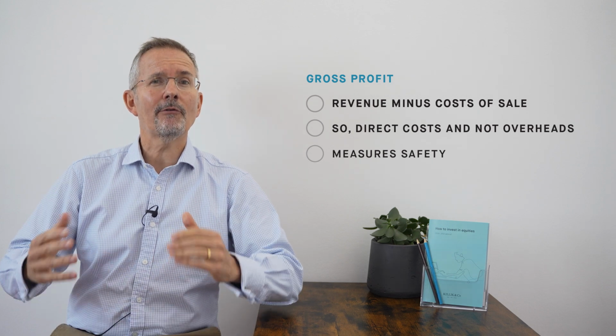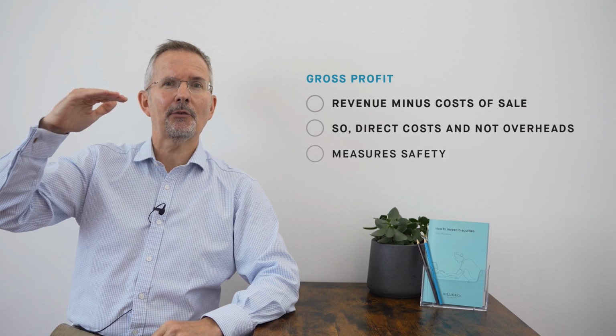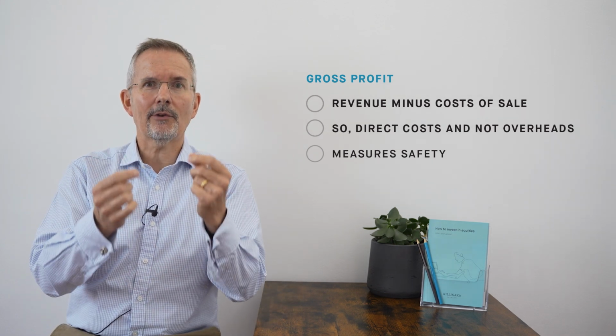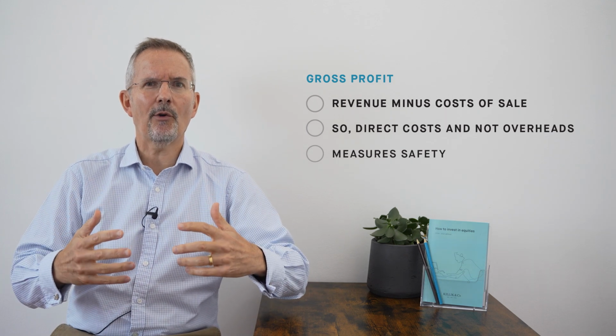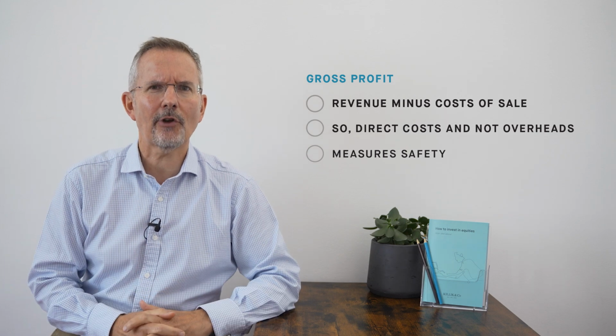Put simply, if you're, say, Marks and Spencer selling sandwiches, it is quite literally the difference between what you can sell that packet of sandwiches for and what the direct input costs were, including the packaging, the sandwich itself, the cost of getting it to the warehouse and out the other side, and so on.